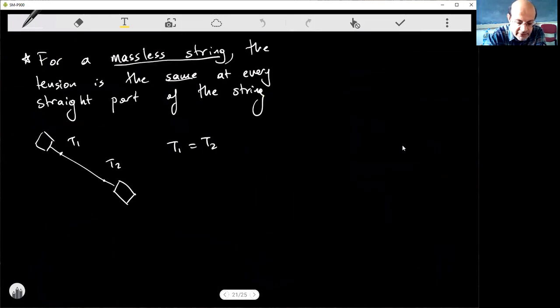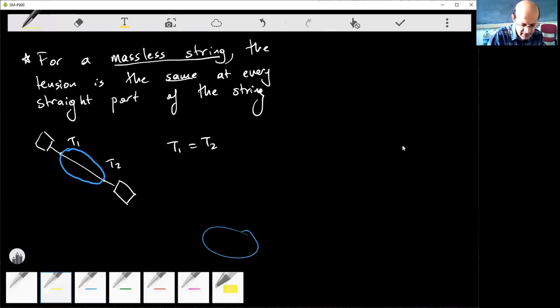Basically, I'm going to say that if the string is massless, in that case, the tension has the same value on every part of the string, at least on every straight part of the string. So you can easily deduce this. You can consider this thing as an object. Isolate just these 2 points and consider that part of the string as some kind of an object like that, right? Something like this.